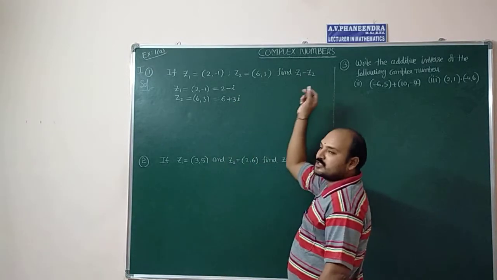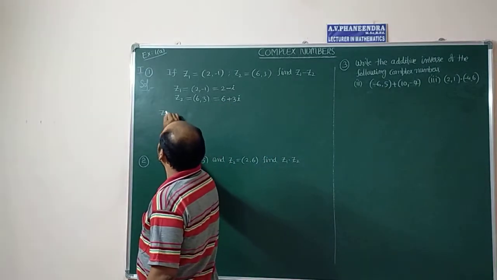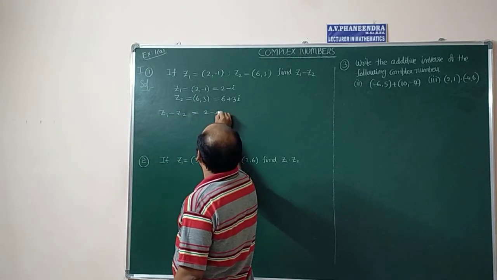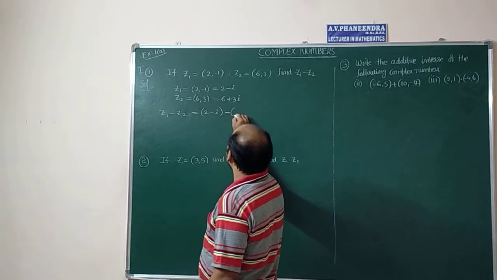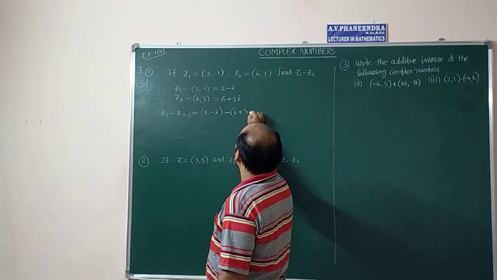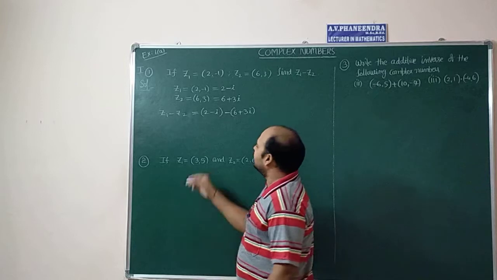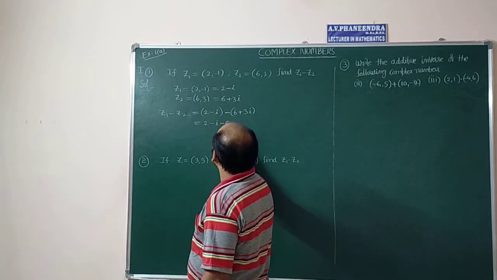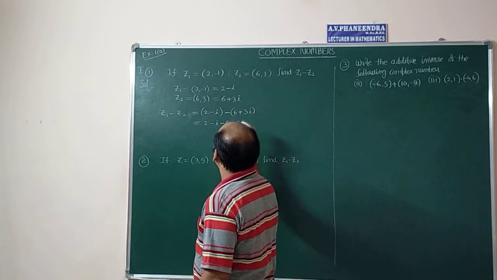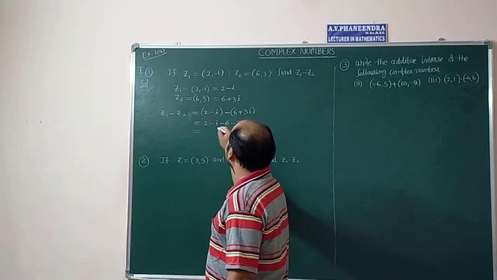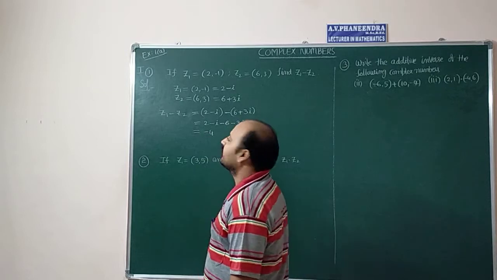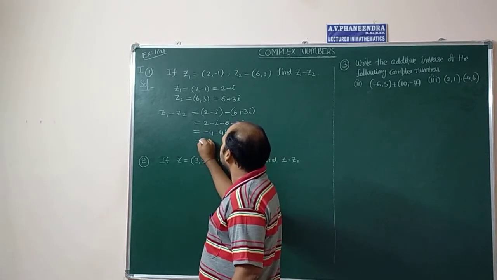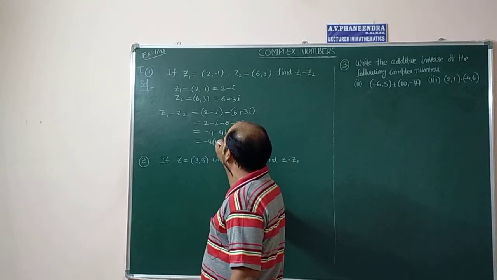Now z1 minus z2, first complex number minus second complex number. So 2 minus i minus 6 plus 3i, which is equal to 2 minus i minus 6 minus 3i, which is equal to 2 minus 6, that is minus 4, minus i minus 3i, that is minus 4i, which is equal to minus 4 into 1 plus i.